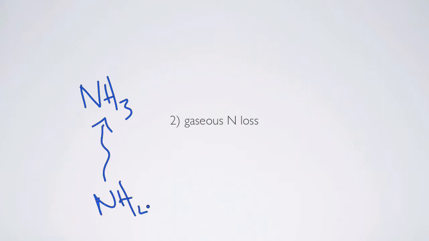Gaseous nitrogen loss is another situation that discriminates strongly. So for example, if you have ammonia that's produced from ammonium, this is a process that discriminates strongly against N15 containing ammonium.